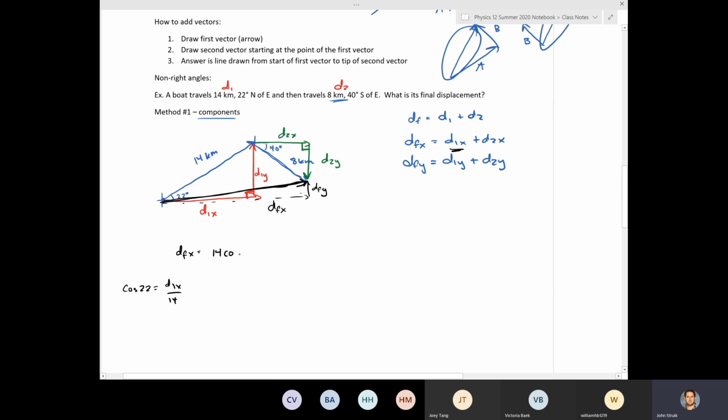Notice how this is positive because it's going to the right. d2x is also going to the right, so it's plus.